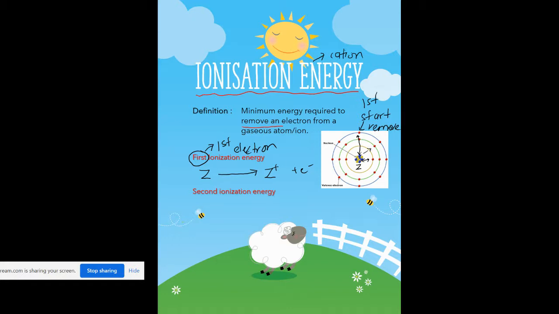So for this ionization energy, it is the minimum energy required to remove an electron from an atom. For the first definition, the reactant is an atom.